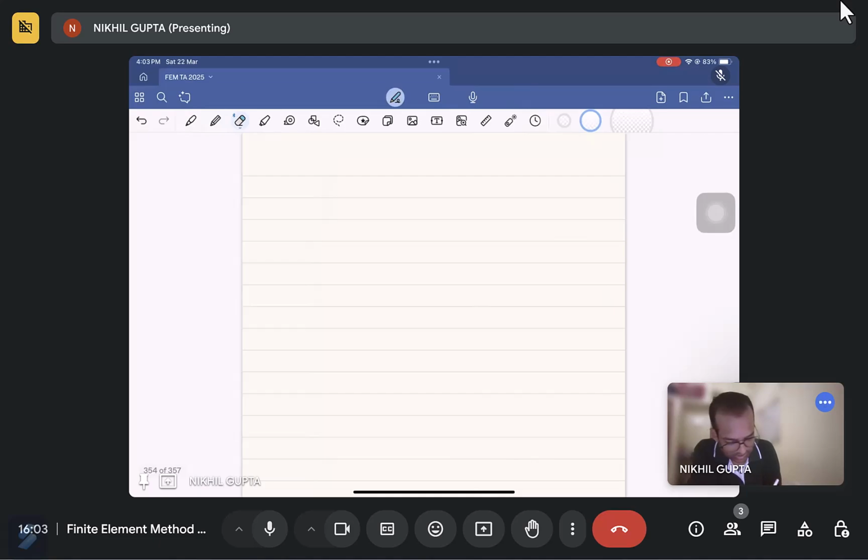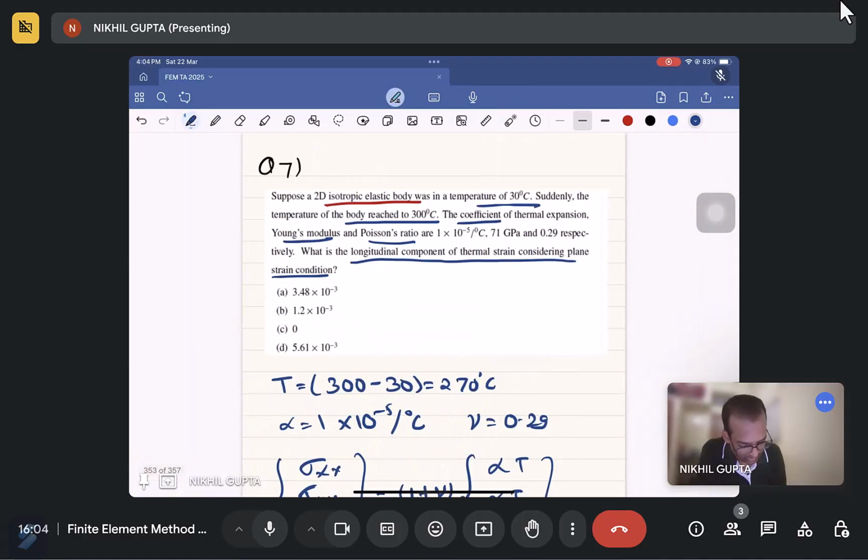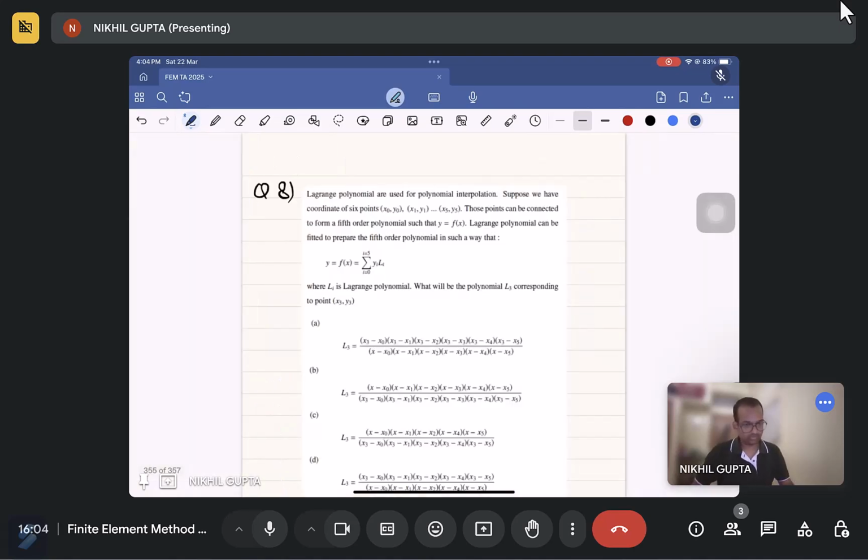It's just putting the values in the formula, so it will be 3.48 into 10 to the minus 3, 3.48 into 10 to the minus 3, and 0. The top one is the longitudinal strain, so this will be 3.48 into 10 to the minus 3. Okay, let's go to question number 8 now.